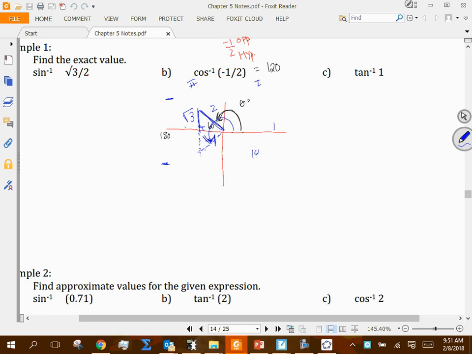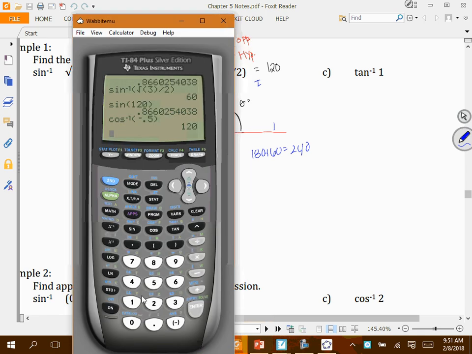So hopefully you can see that 180 plus 60 degrees would be 240, right? So the cosine of 240 also gives me a ratio of negative 1/2. Okay. However, the ratio of negative 1/2 on my calculator will never give me back the angle of 240. Does that make sense? Okay.